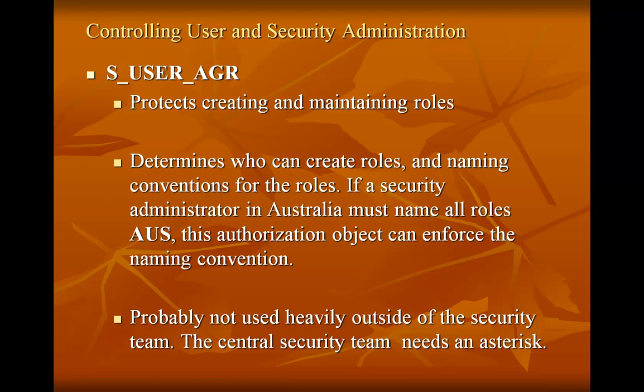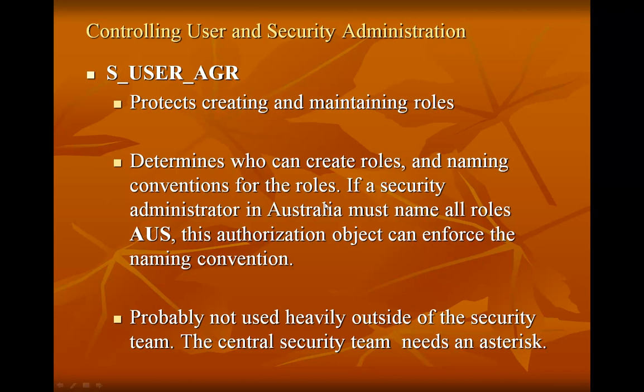That is activities. But it also has another field for role names. If you specify a specific pattern of role names in this object, the users can only work with role names that begin with that specific pattern.